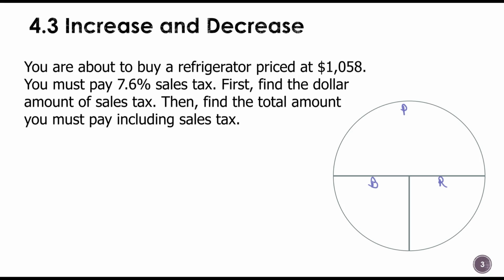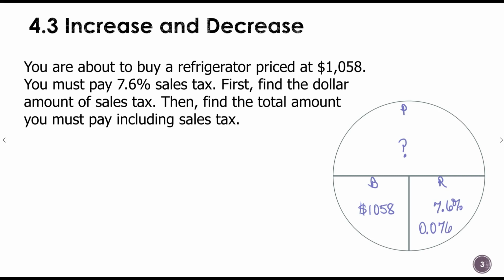Okay, so the portion in this case will be the sales tax. And our base is the 1,058. And we have a rate of 7.6%, and in decimal form that'll be 0.076.